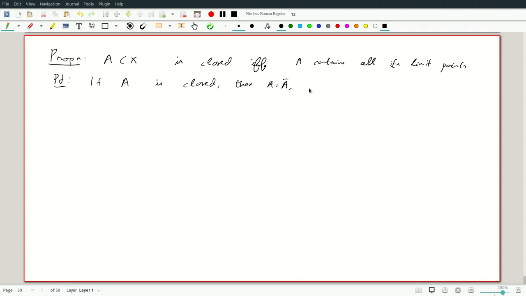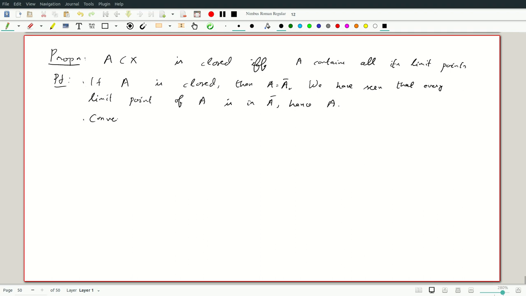Okay, and so we have seen that every limit point of A is in A bar, hence A. Okay.